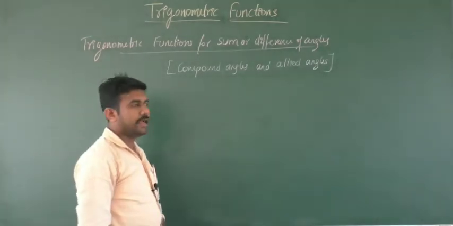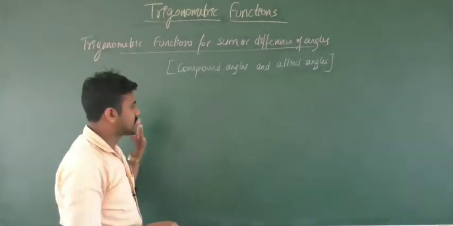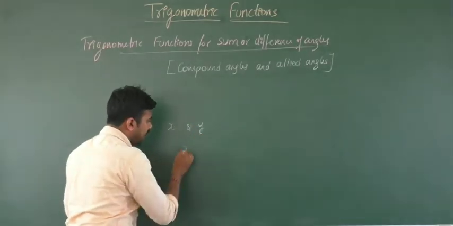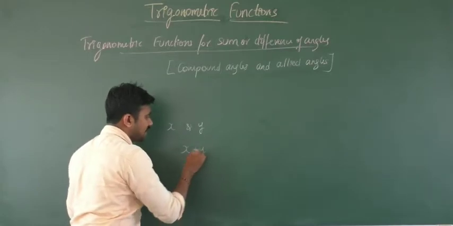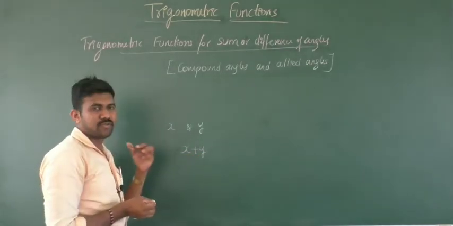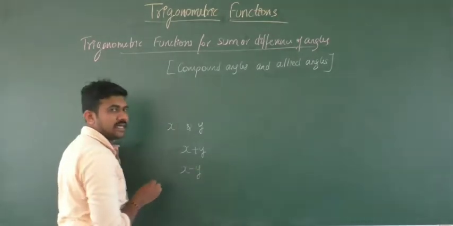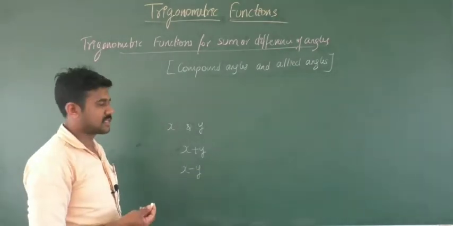See, if you consider two angles x and y, if you add them x plus y, we will get the sum of two angles. Similarly, if you subtract them, we will get the difference of two angles.